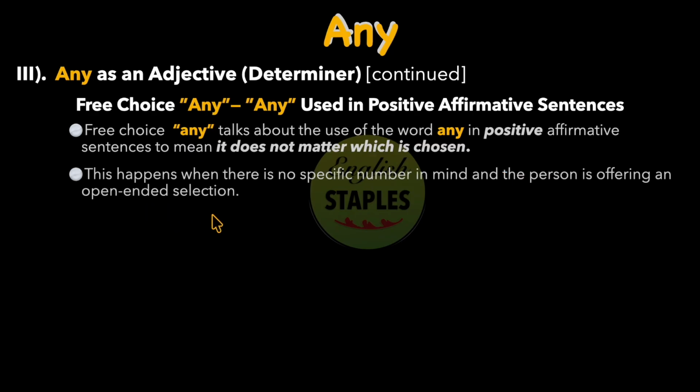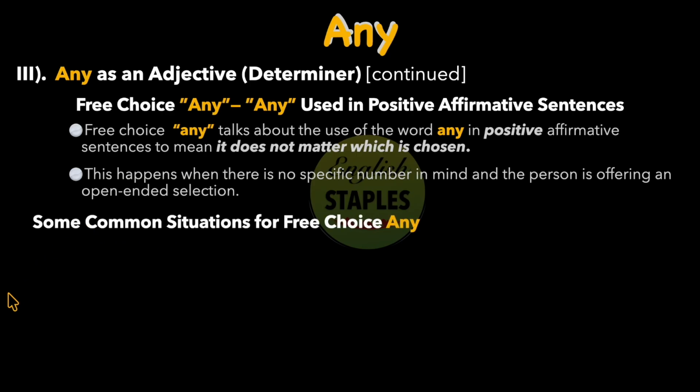This happens when there is no specific number in mind and the person is offering an open ended selection. It doesn't matter. It's open ended. There is no number that the person is thinking of. Some common situations for free choice, any.